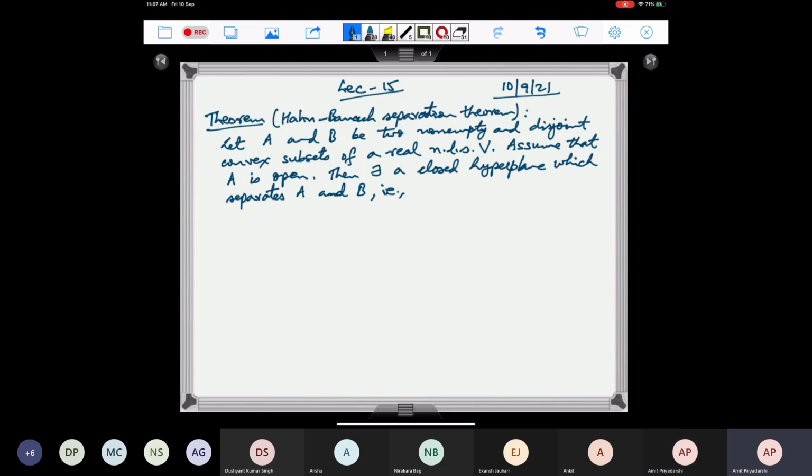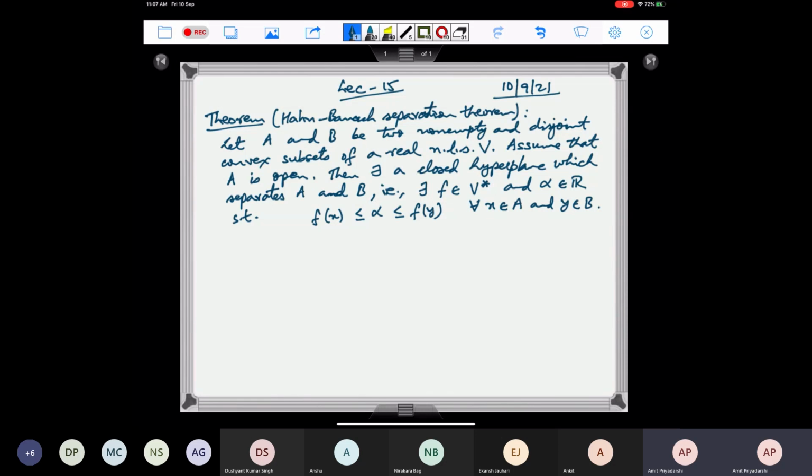So this means that there exists some f in V star and alpha in R such that f of x is less than or equal to alpha is less than or equal to f of y for all x in A and y in B. So this is the meaning that a closed hyperplane separates A and B.